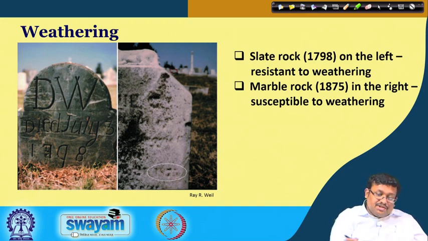In this picture, the leftmost rock is a slate rock, from 1798, and it is resistant to weathering compared to the other rock, a marble rock, from 1875, which is susceptible to weathering. So, these two rocks are present about 100 years apart, but depending on their chemical makeup, they differ in their susceptibility to weathering.